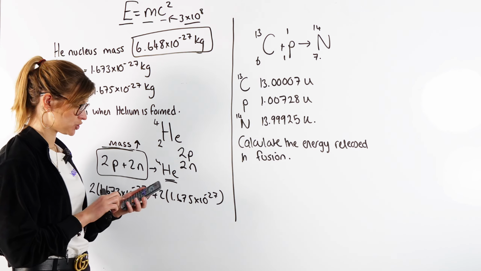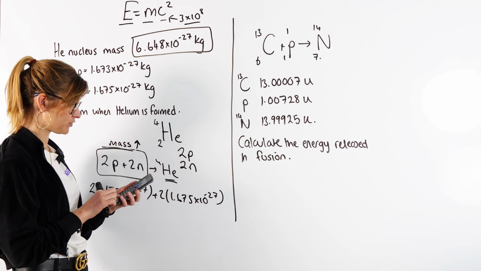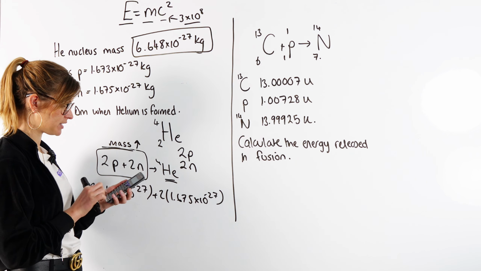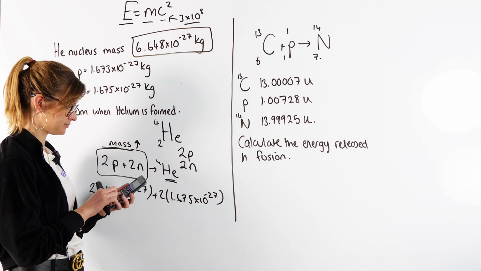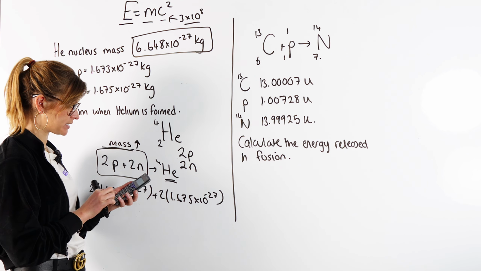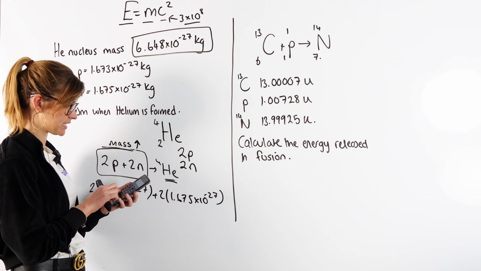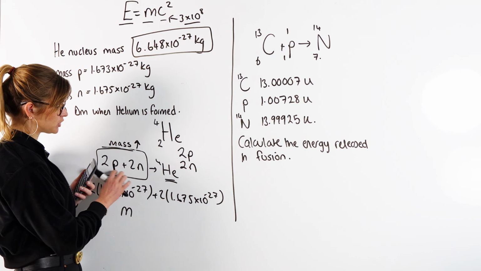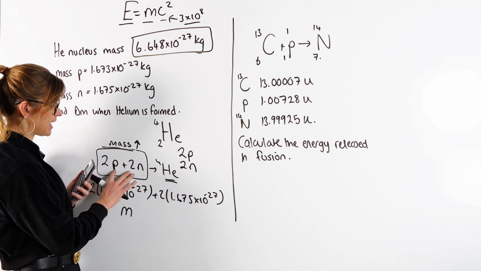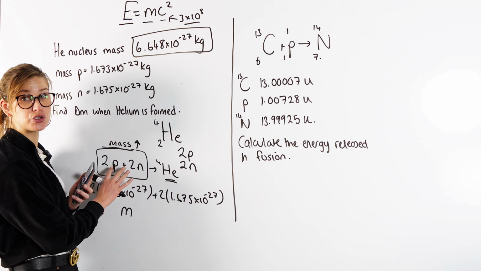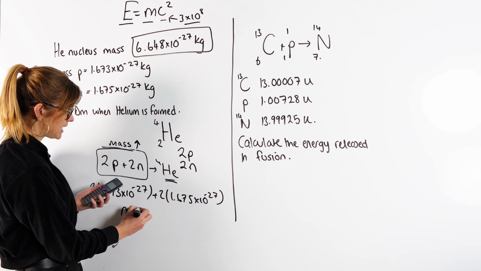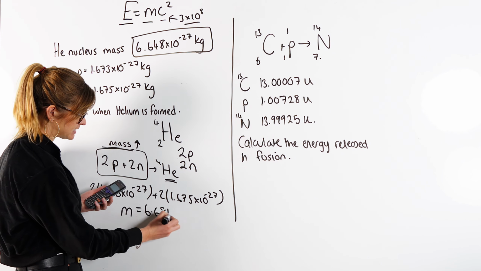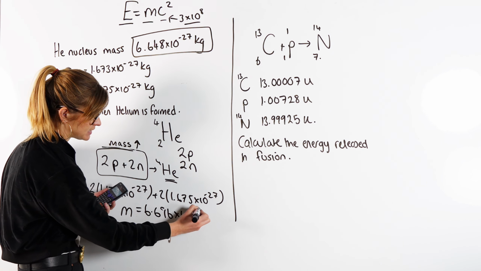So again, what we're doing is 2 times 1.673 times 10 to the negative 27, and we're adding 2 times 1.675 times 10 to the negative 27. So the combined mass there of my 2 protons and my 2 neutrons is going to be 6.696 times 10 to minus 27.